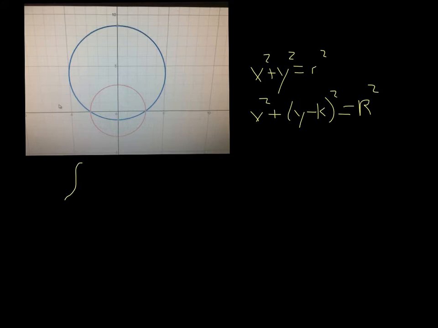And we would be taking, in this case, the larger of the two circles as the top curve, so that's this one, minus the smaller, which was the red one.